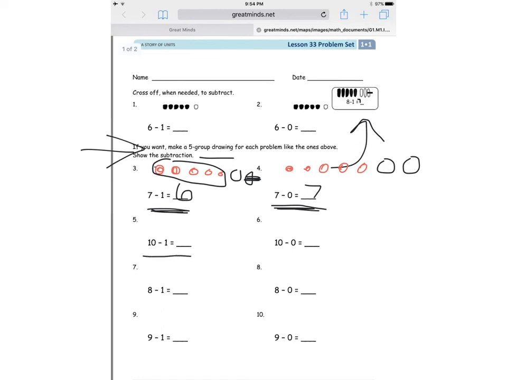So we're down here at number 5, and our problem is 10 minus 1. So I have to make 10 beads on my bracelet. So if you remember, I had 5 red, and I have 5 white.